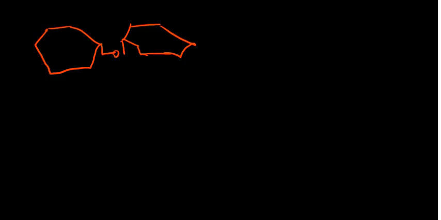So let's assume this is the structure of maltose. Then this maltose is formed by a glycosidic bond. So this is maltose made of 2 glucose sugar units.